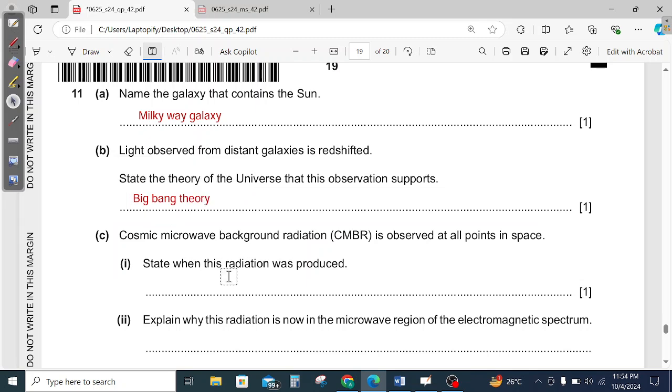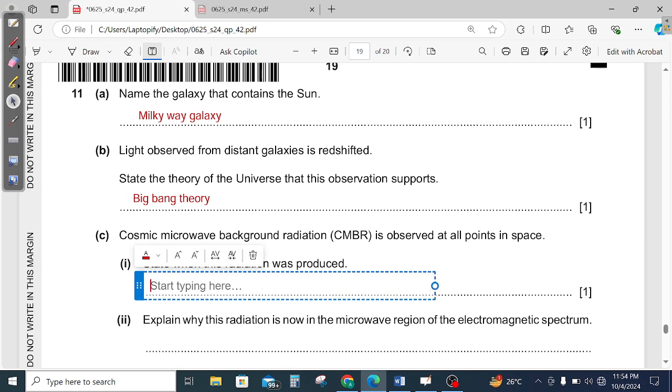Now, cosmic microwave background radiation, CMBR, is observed at all points in space. State when this radiation was produced. Remember, after the formation of the universe, the cosmic microwave background radiation has been available from that time, around 4 to 5 billion years ago according to the Big Bang theory.